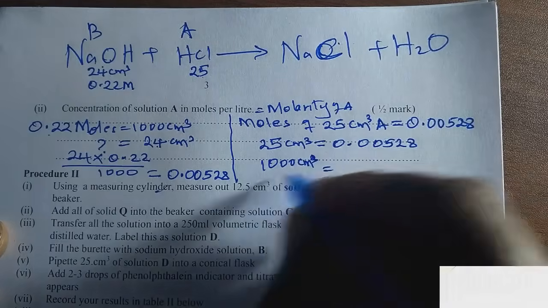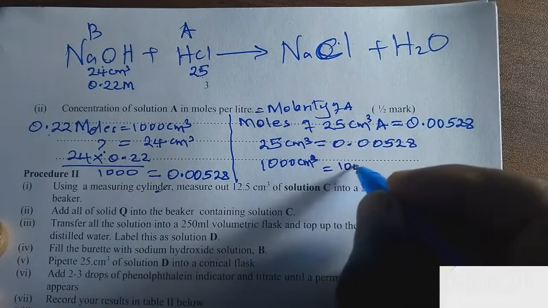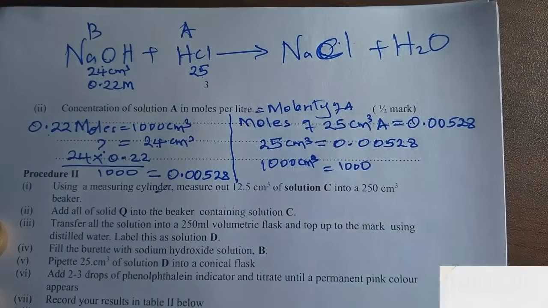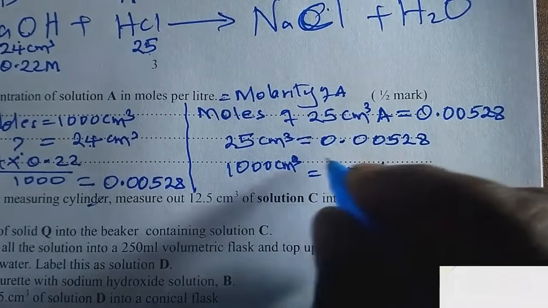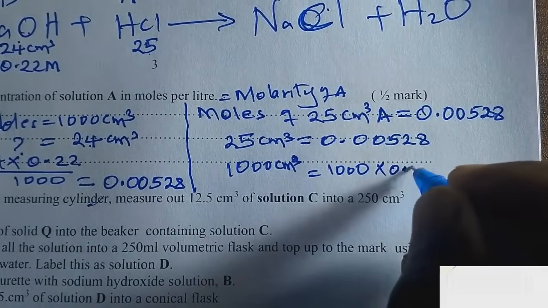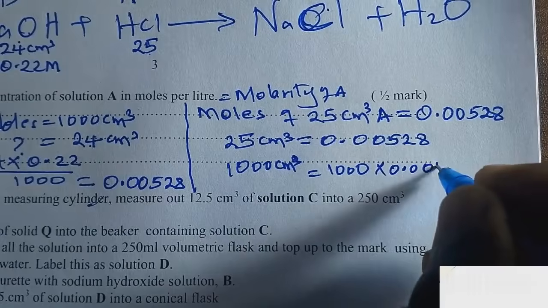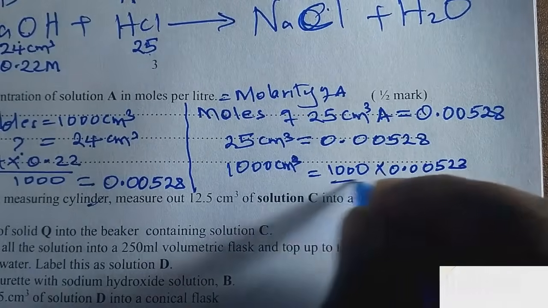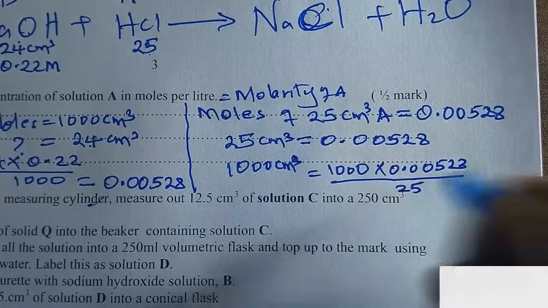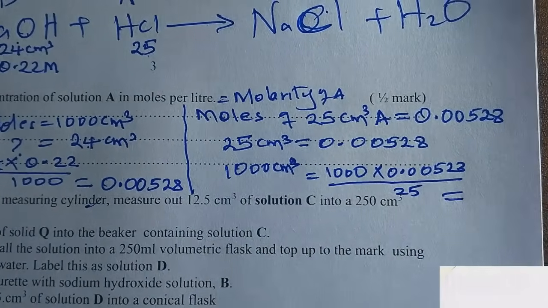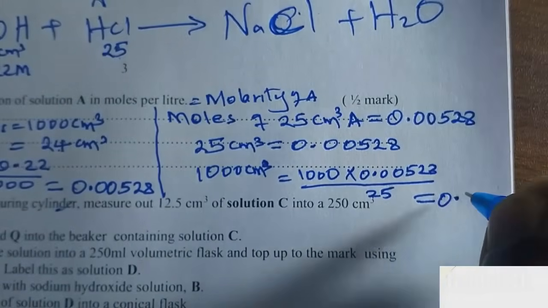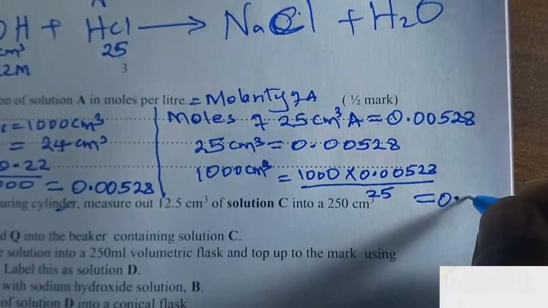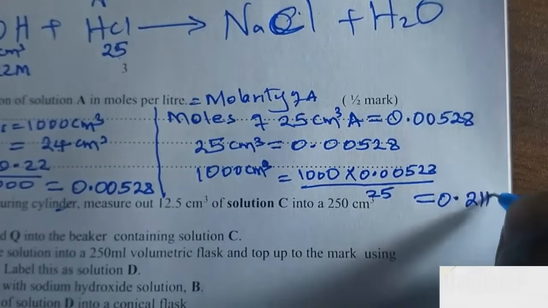You cross multiply 1000 times 0.00528. You divide by 25. And the final answer gives you 0.2112 capital M.